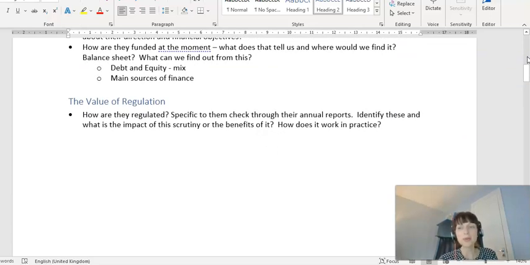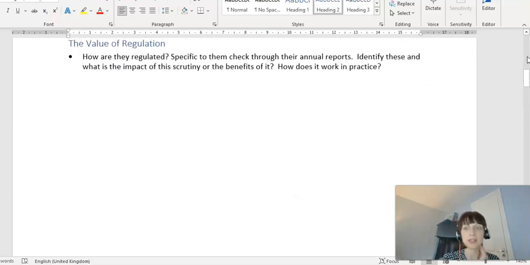For really good marks, what I'm keen you do is be as specific to your organisation as possible. So no generic descriptive material about what this is or what that is. Specific to your organisation: this is how this relates, this is what it means, and these are the limitations or the benefits of it. So we're getting into application straight away, which naturally demonstrates knowledge, and then we're moving up to critical analysis to get the top marks.